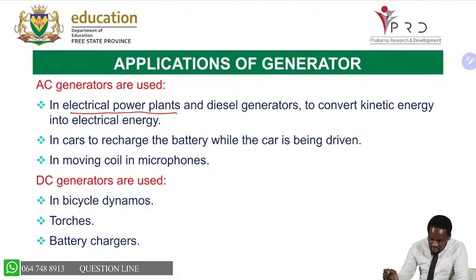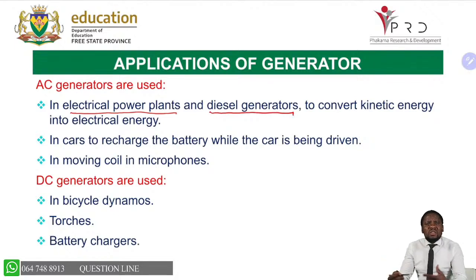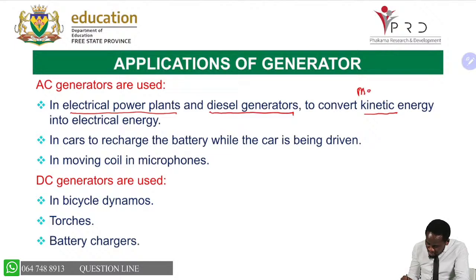It uses diesel. We put in a lot of energy. Diesel is costly. We use coal to turn the turbines, something that we would have maybe discussed in grade 9. So now we're converting kinetic, which is a form of what? Mechanical energy, into electrical.